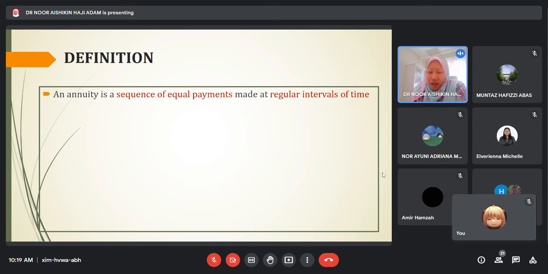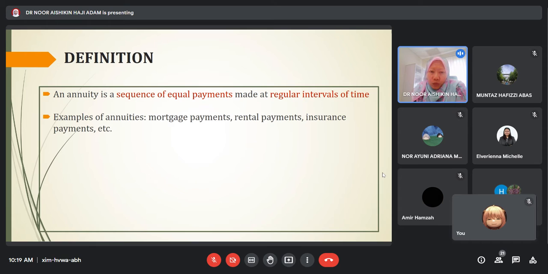The interval can be monthly, semi-annually or quarterly or annually. We don't look at daily. Annually means once a year. Hari tu masa compound interest tak ada ni kan? This regular payment or investment that you're making over a period of time.